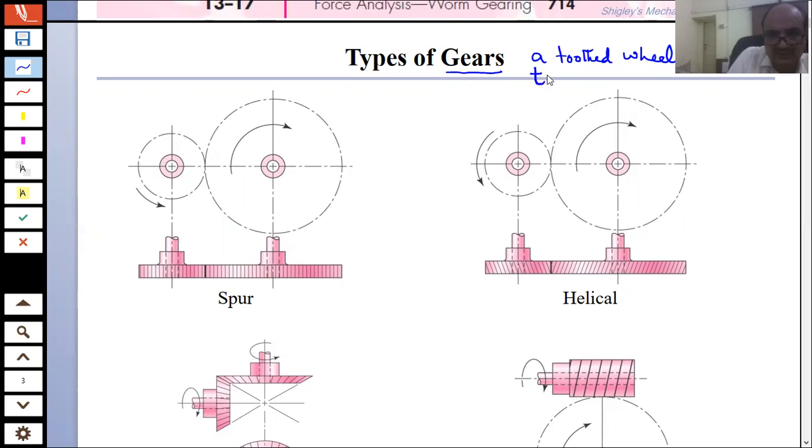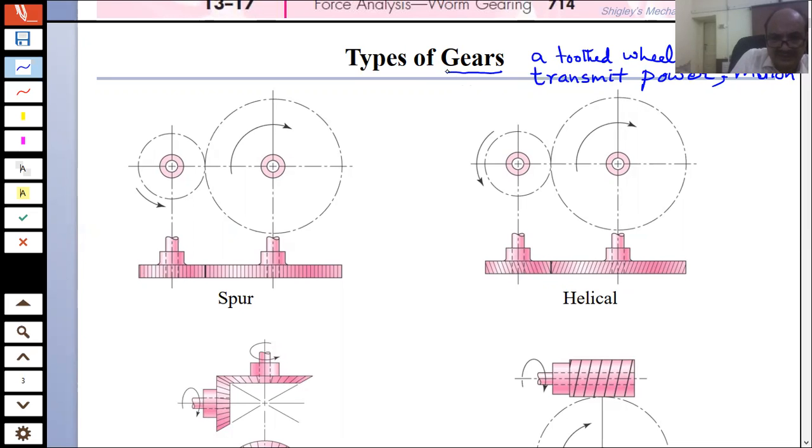So, it is used to transmit power, and it is also used for motion transmission at a certain velocity ratio.